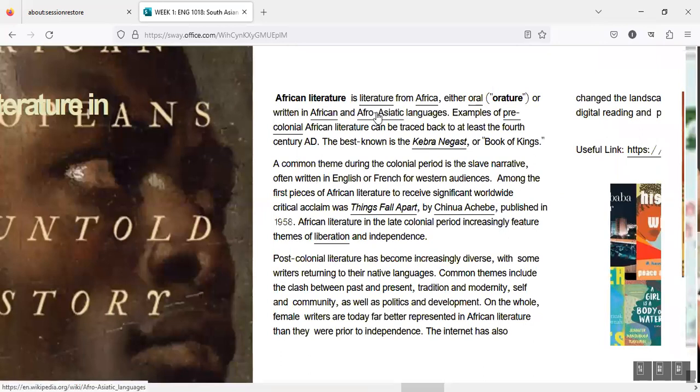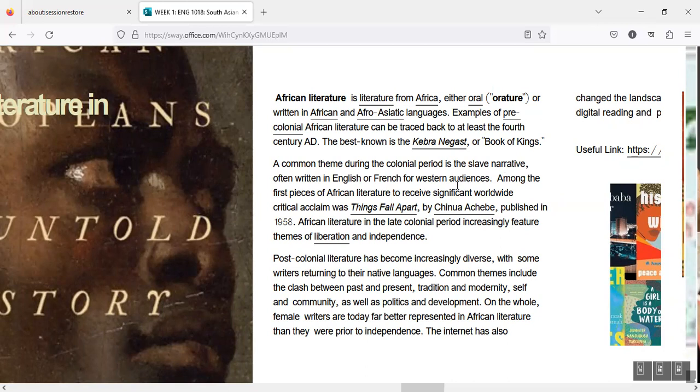African literature is from Africa, either oral or written in African and Asiatic languages. Examples of pre-colonial African literature can be traced back to at least the 4th century. The best known is the Kebra Nagast, or Book of Kings.